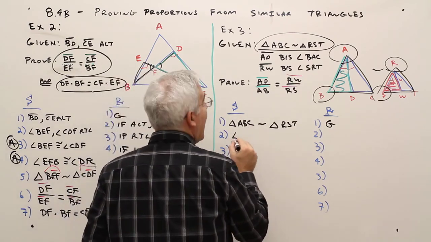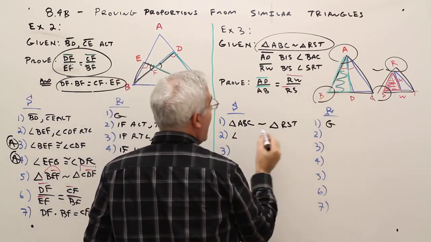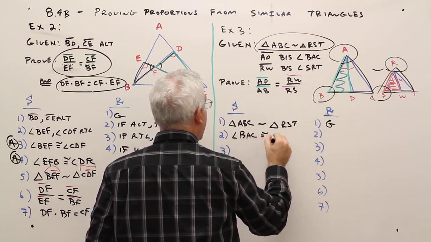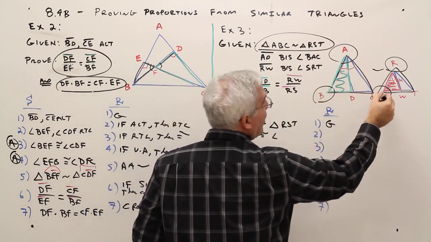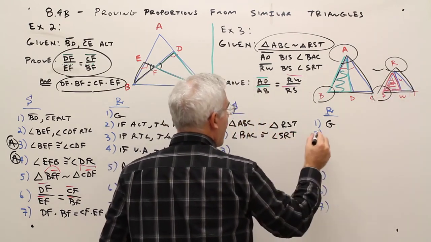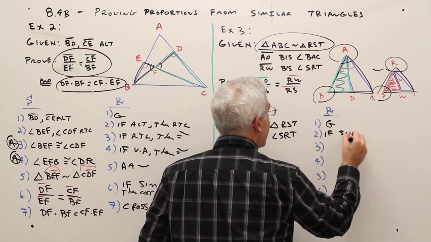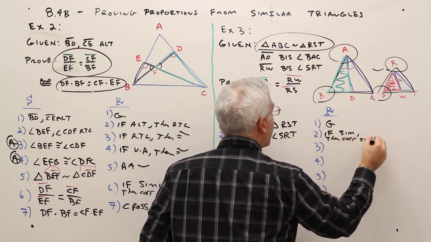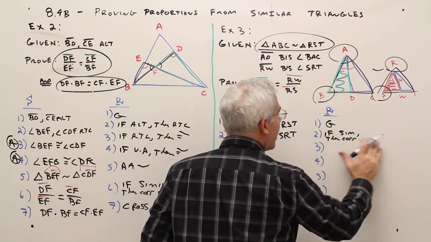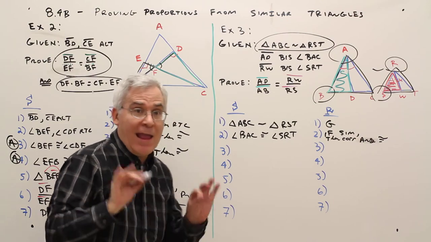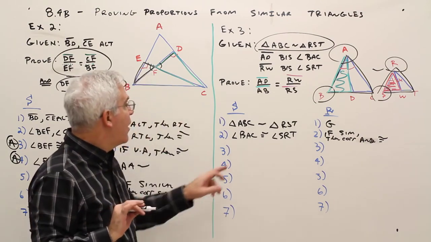So I got angle BAC congruent to angle SRT. I'll just start with that. If similar, then corresponding angles congruent. Okay, angles congruent, sides proportional.